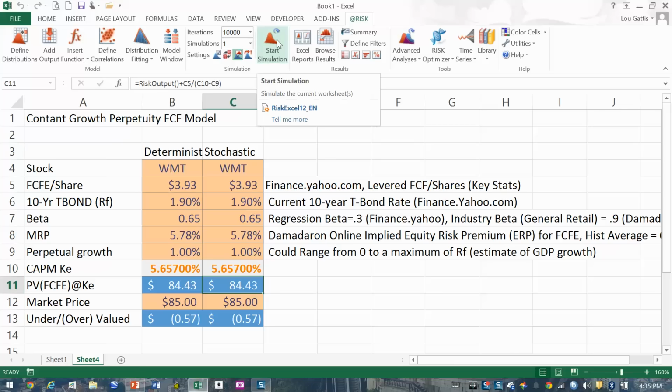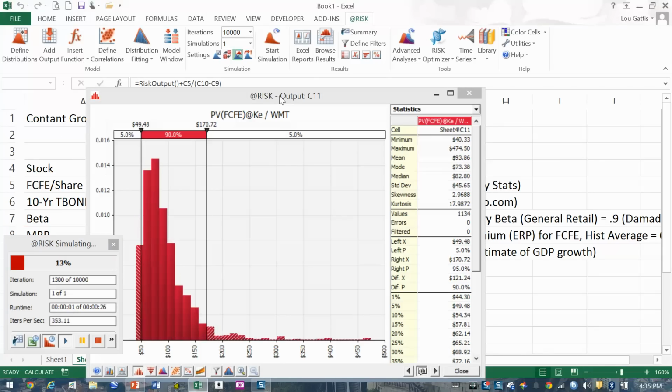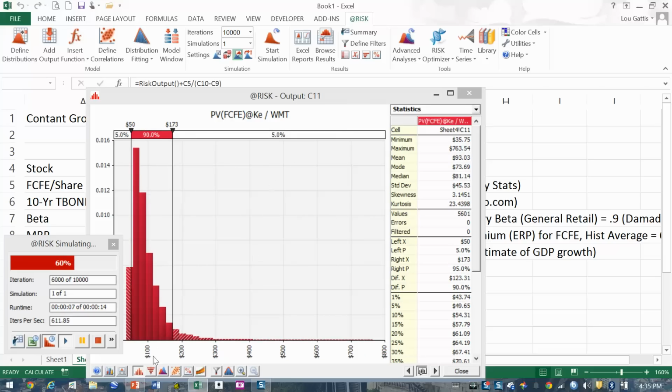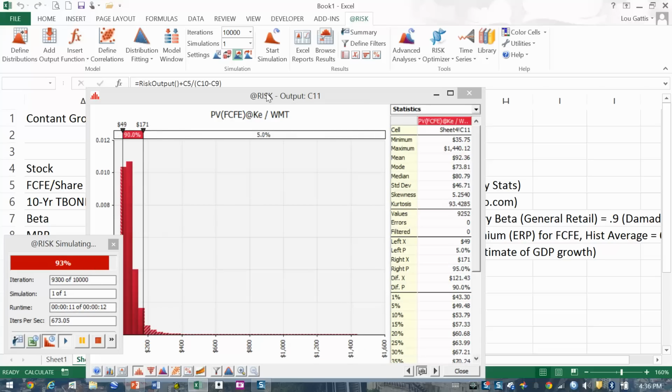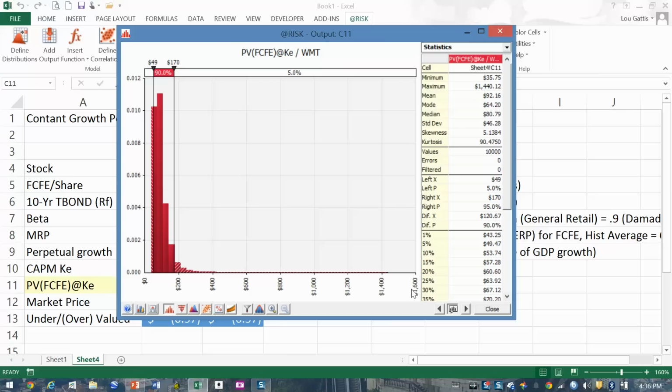I'm now going to run my simulation. So it's going to generate 10,000 sets of these three variables. Notice I'm getting an asymmetric payoff because I've picked some asymmetric distributions, those kind of funky triangles that are skewed.